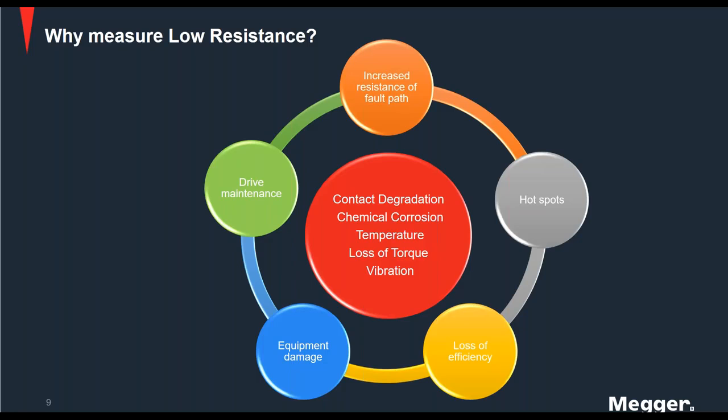And in case of that fault path having a higher resistance, the fault current may not flow through that fault path, thereby endangering equipment and sometimes personnel.